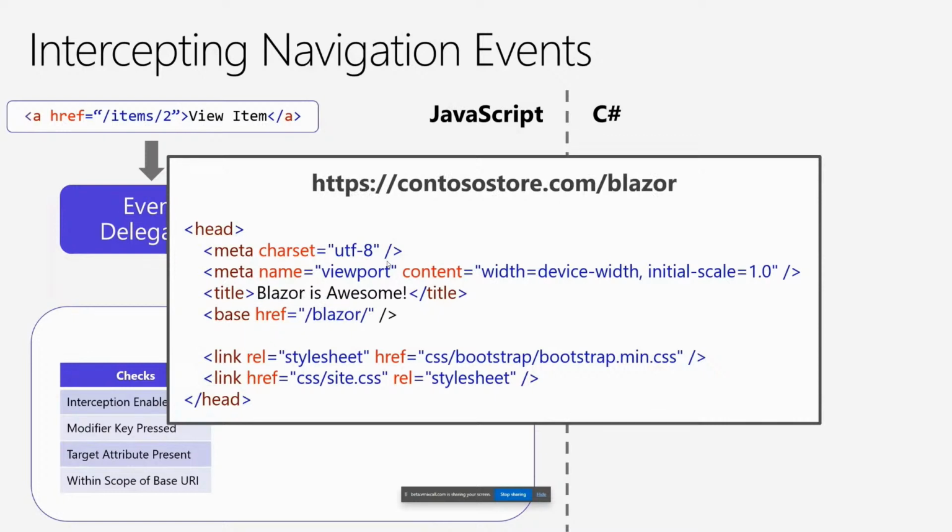In this example, if we were trying to go to a link like contusostore.com/item/2, well, our base href is now set to /Blazor. So the router would leave that link alone because it doesn't fall within the scope of the application. It would only intercept links that began with /Blazor.